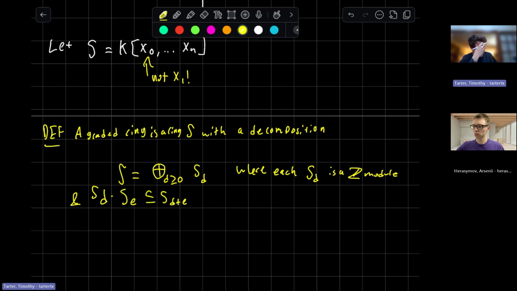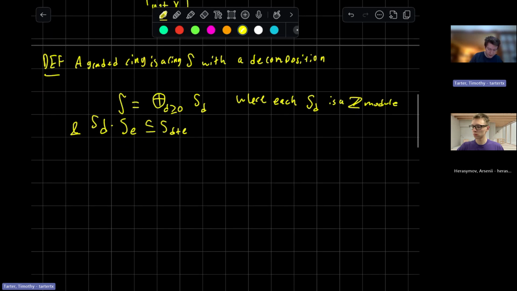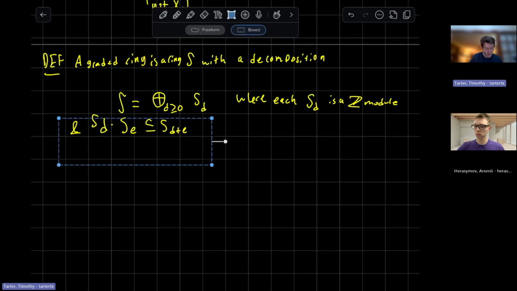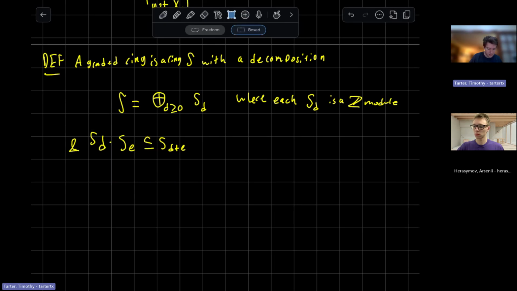And then an element of S_d is a homogeneous element of degree d.